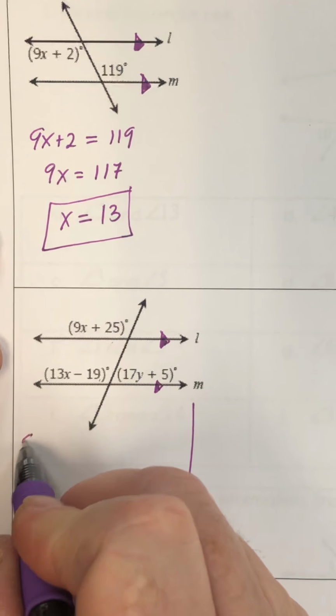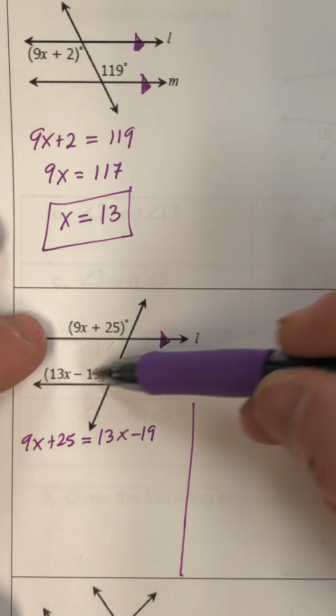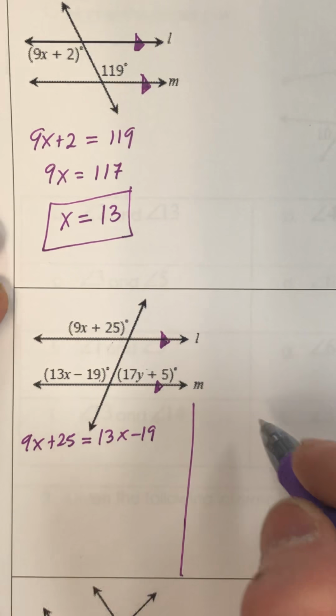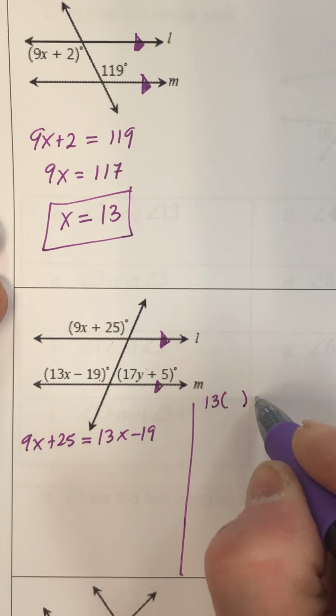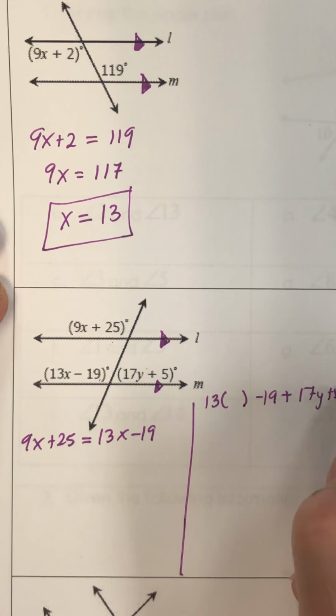9x plus 25 equals 13x minus 19. Now to find y, this equation with y in it and this equation over here, those two would be a linear pair. So those two together would have to add together and equal 180. So once I find x, I'll just plug it in right there, plus 17y plus 5 equals 180.